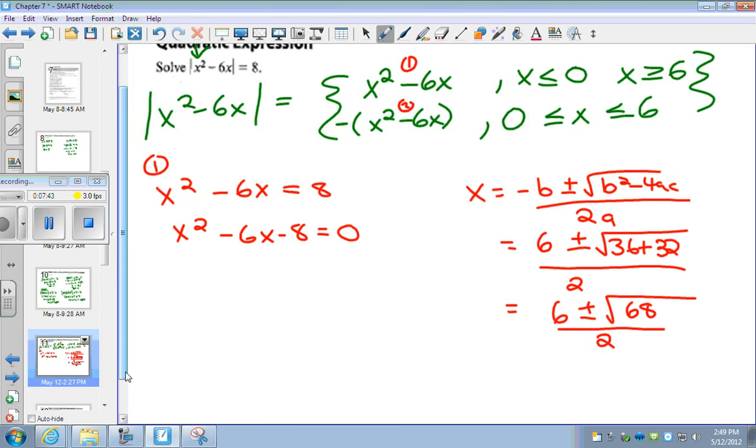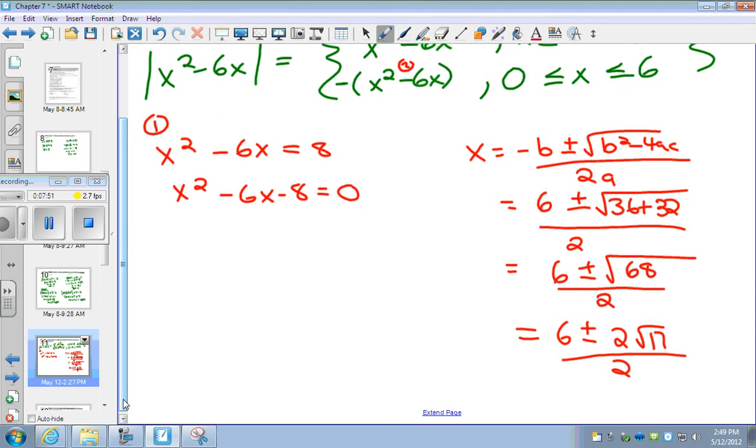Okay. So I can write this as 6 plus or minus 2 roots 17 over 2, which could be simplified to 3 plus or minus the square root of 17 because I reduced. Okay, so there's my first answer.